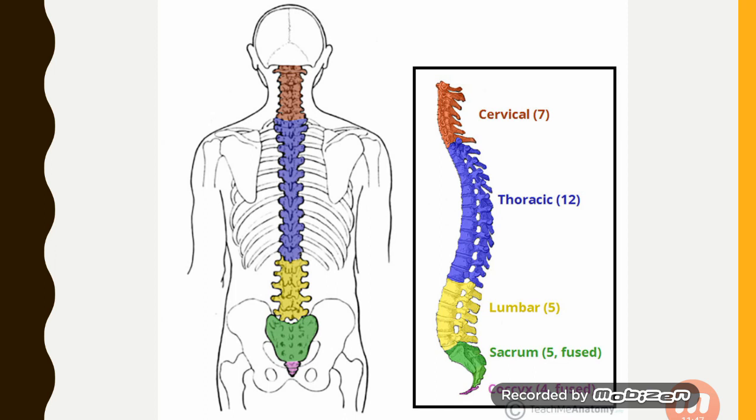The pelvic vertebrae, which are present at the pelvic region, contain 2 sets, the sacrum and coccyx, which are the fused bones or called the tail bones.